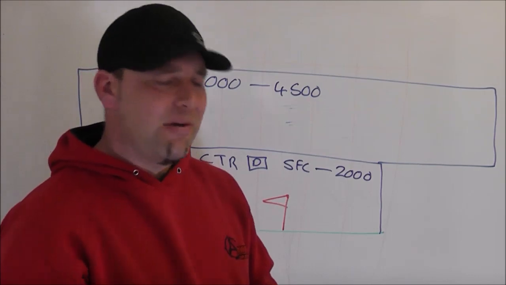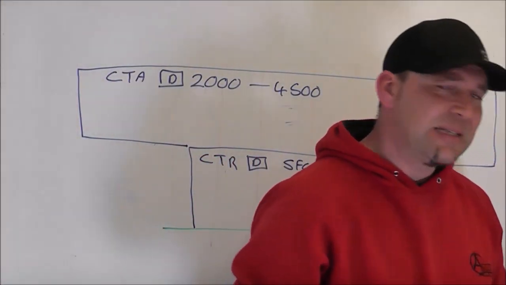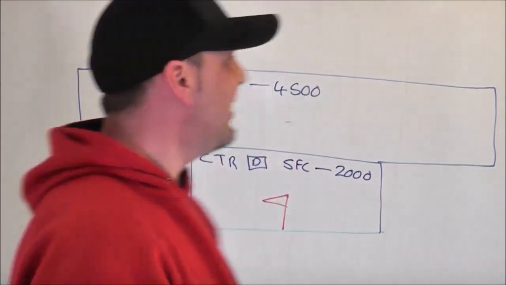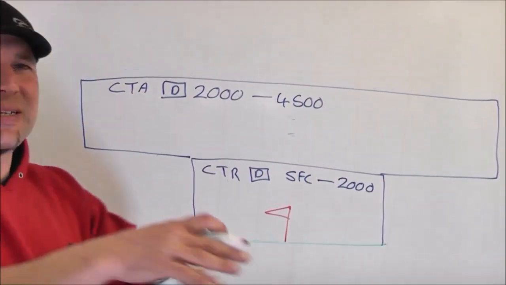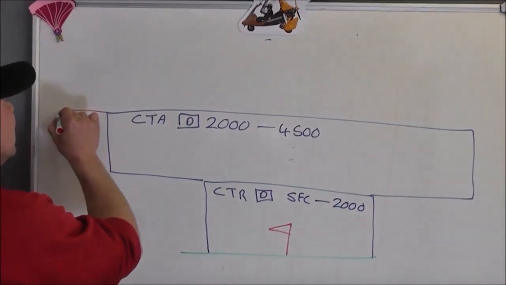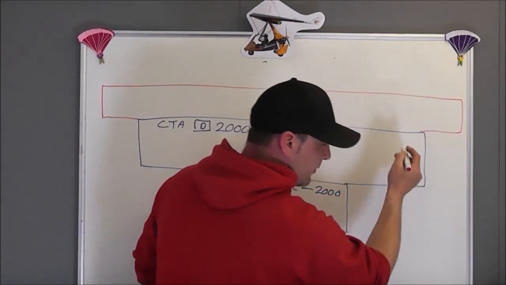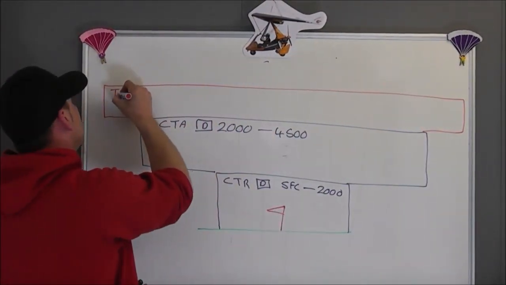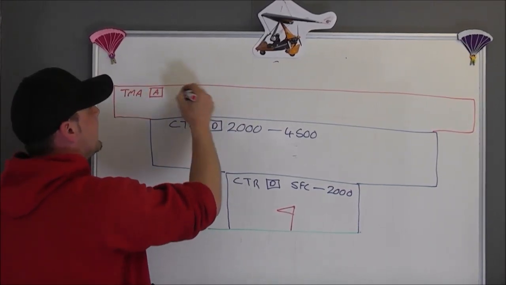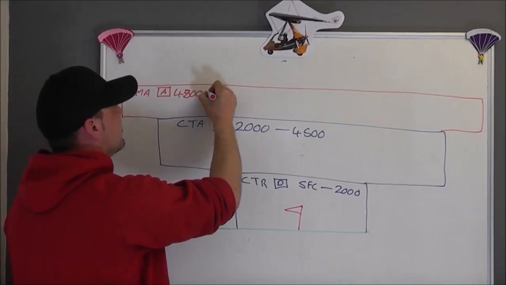Now, certain areas may also have a TMA, Terminal Manoeuvring Area, and this would sit above the CTA, and the CTA would spread out. This tends to be Class A airspace, and this would be 4,500 feet.